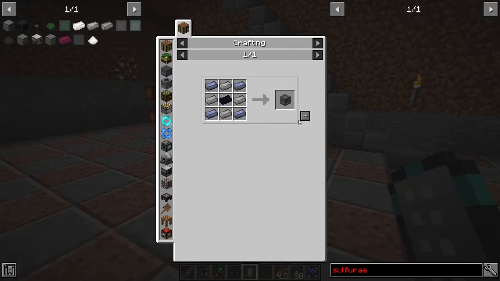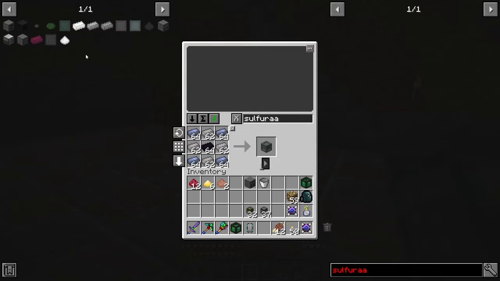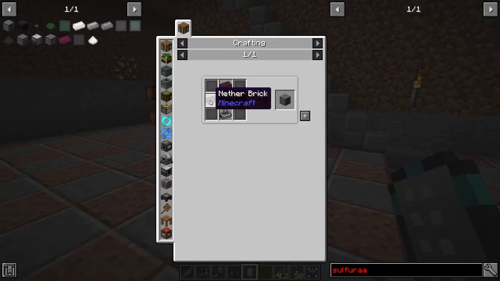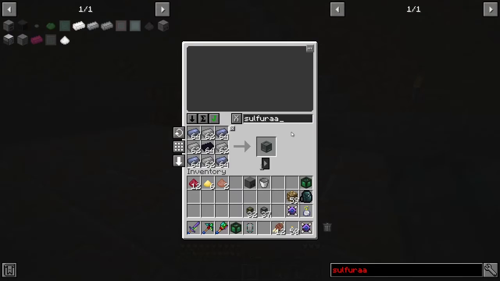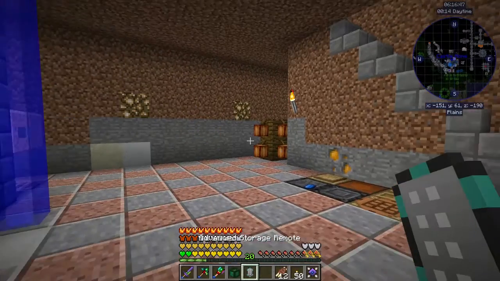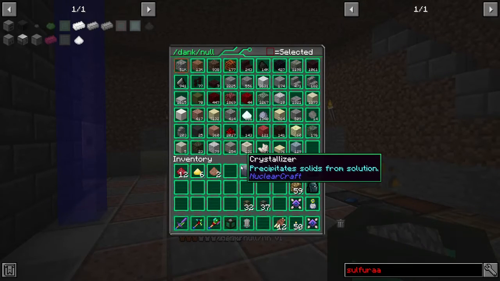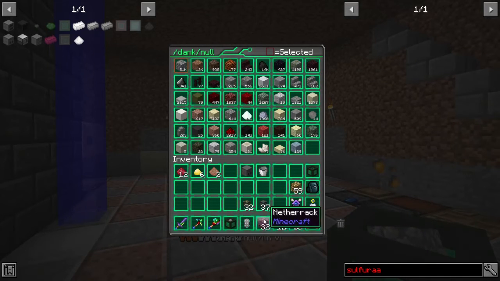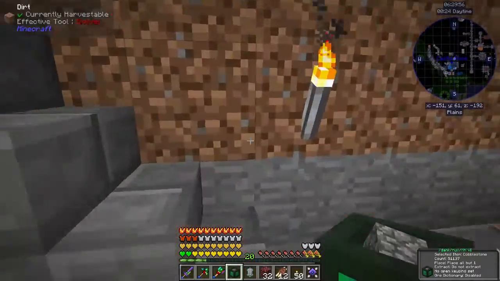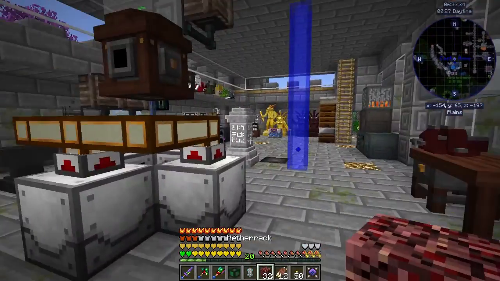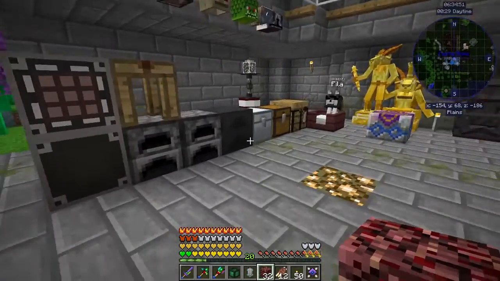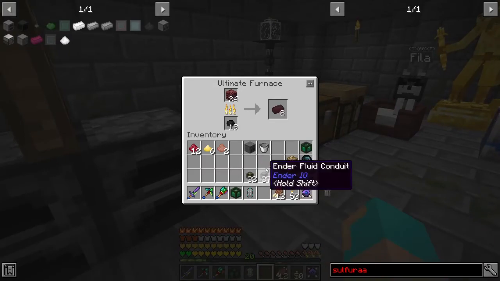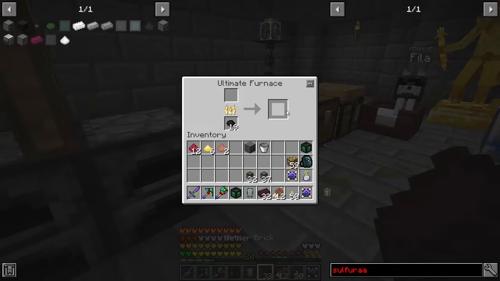We need one of these guys. We need nether brick, which I'm not sure if we have in there, but we should have. Enough nether rack to make nether brick.